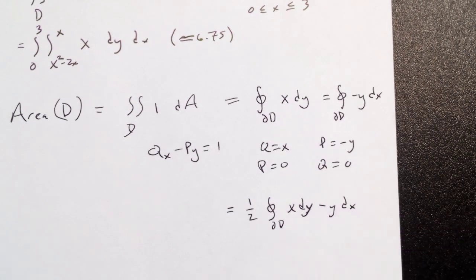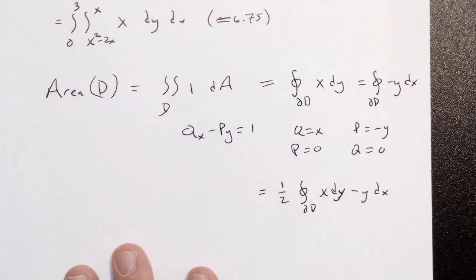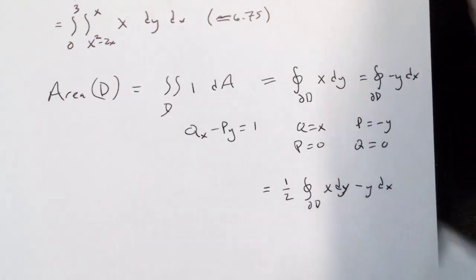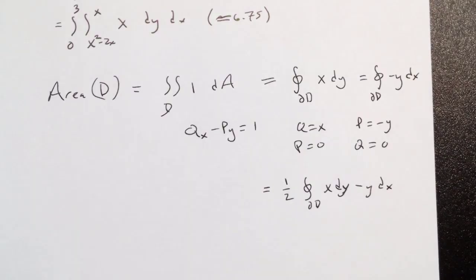But that would give me twice the area, so they put a 1/2 in front of it. Those three formulas appear on page 1099, same page with the picture of the planimeter. Questions?